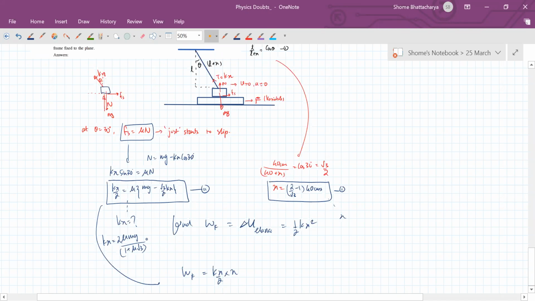So substitute this thing here, and substitute the value of x directly over here. So you got the work done.